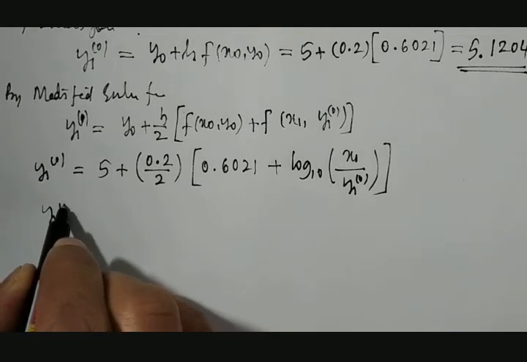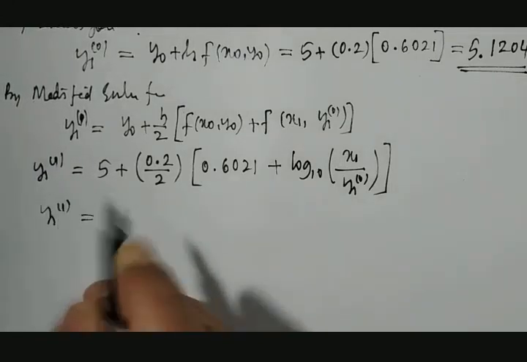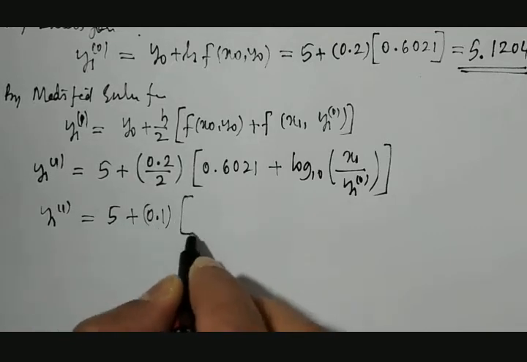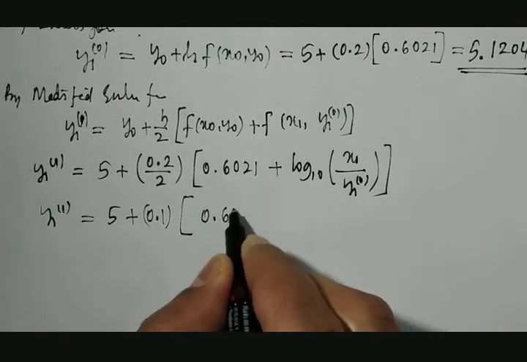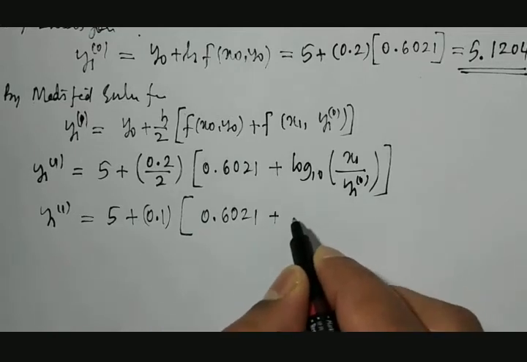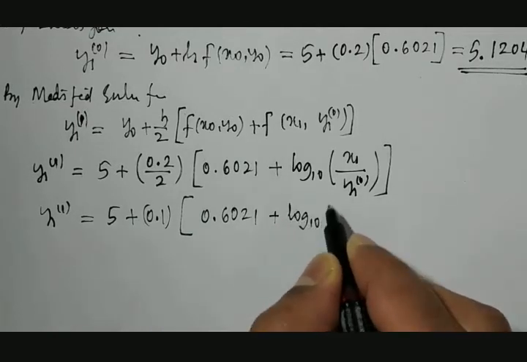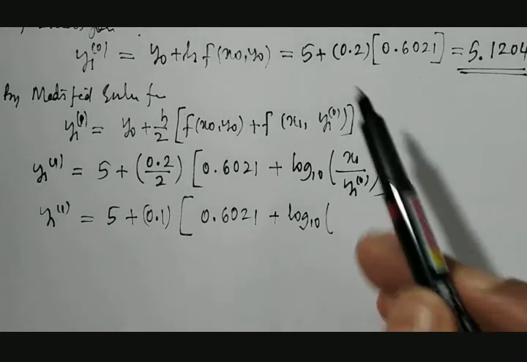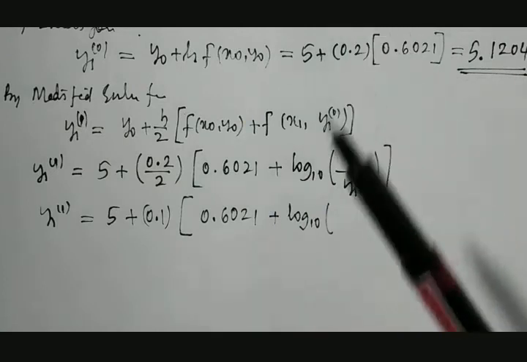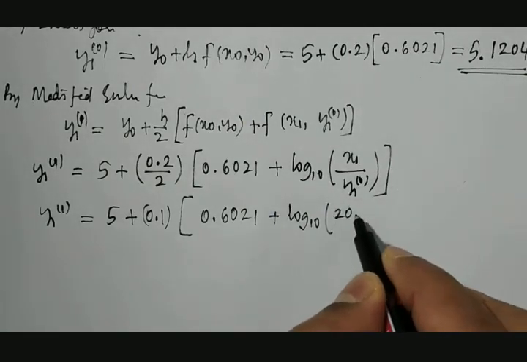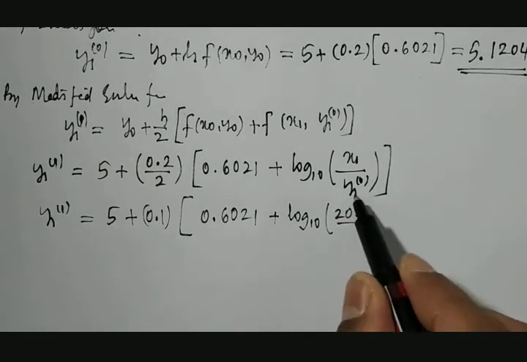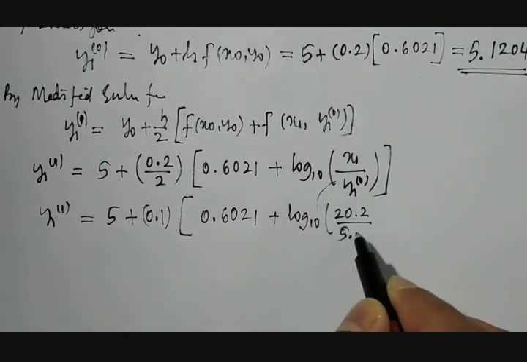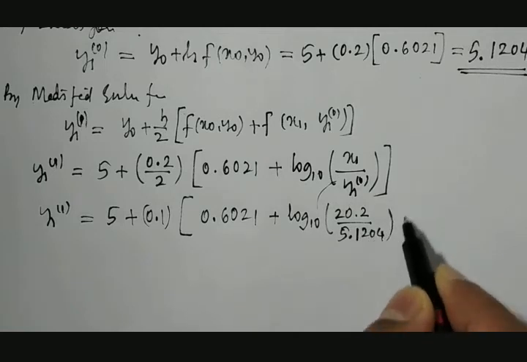Then the first value of y1 is equal to 5 plus 0.1 into 0.6021 plus logarithm to the base 10 of x1, where x1 is equal to 20.2, divided by the initial value of y1, that is 5.1204.